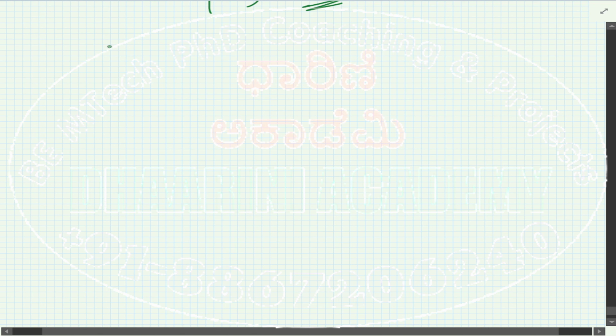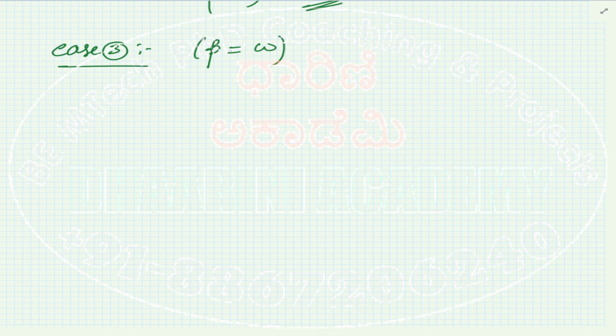Then we have a third condition, that is case number 3. You can see that this is a condition wherein the external frequency is equal to the natural frequency of oscillation. P is equal to omega. Frequency of the external force is equal to the natural frequency of the body.